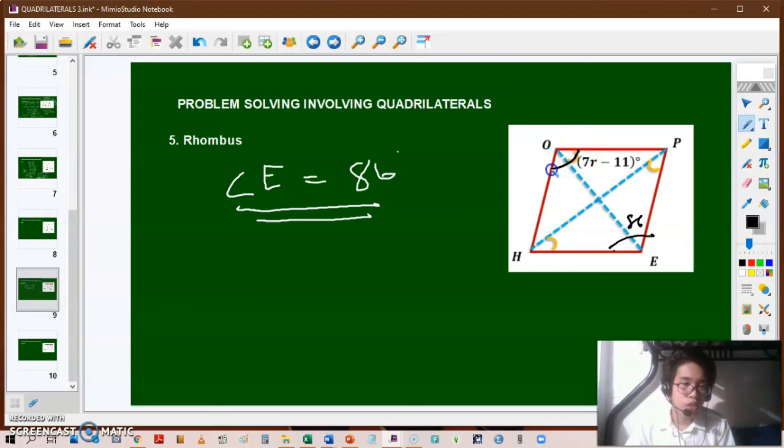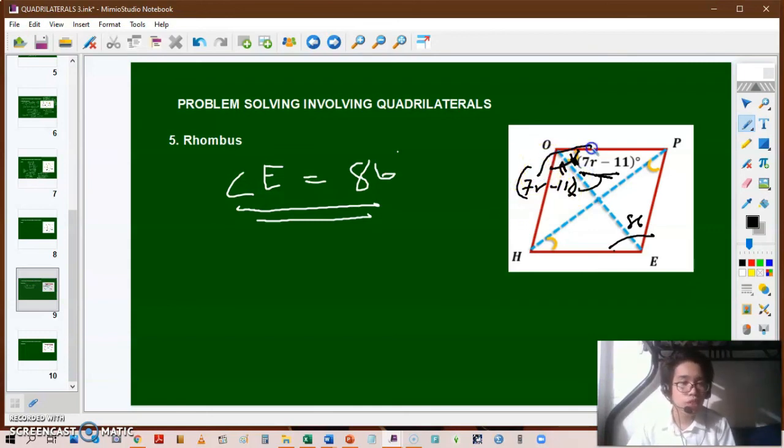Another property of a rhombus is that when the diagonals intersect with the other sides, they form two congruent angles. So this is going to be 7r minus 11. It follows that this angle right here is also going to be 7r minus 11 degrees.